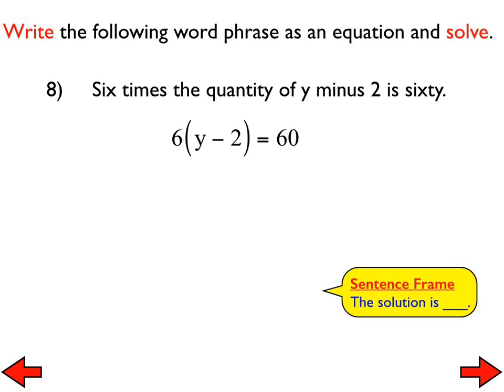Remember, and I would like all of you to write this in your notes, times the quantity of always means parentheses. That's why it's 6 parentheses y minus 2, and then is a lot of times in math means equals or represents equals. All right, can I get all of you to finish that off, please? Solve it.